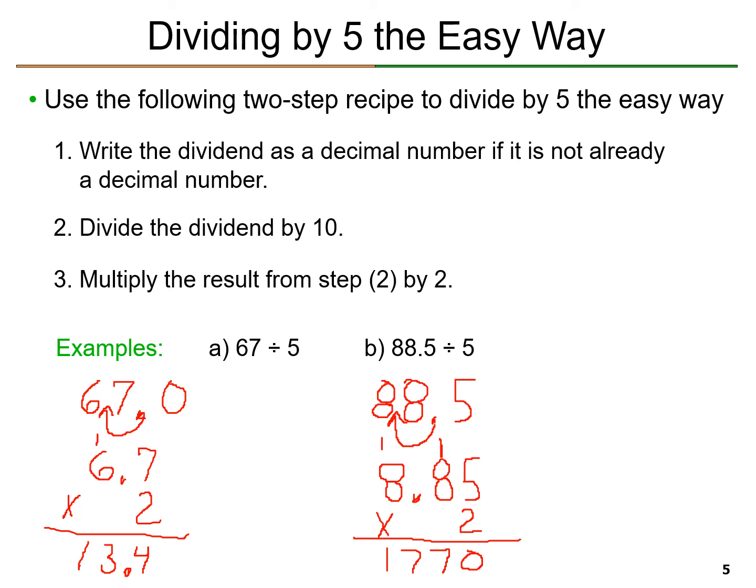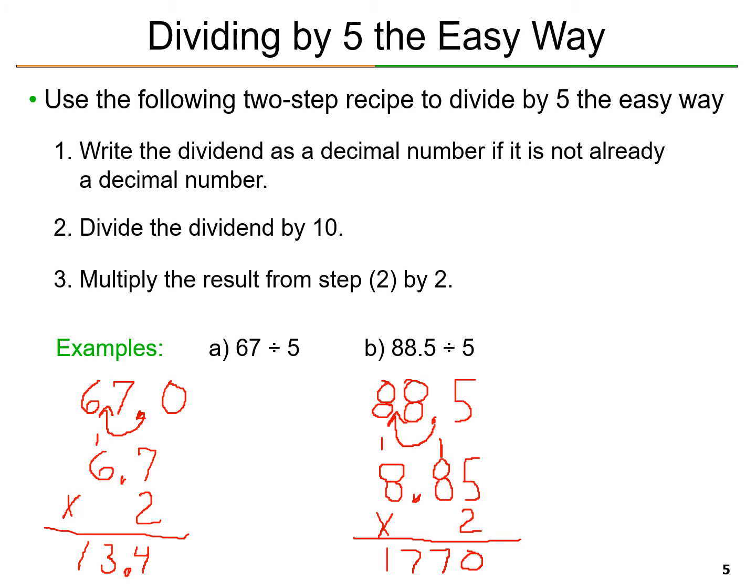Looking at the two numbers, 8.85 and 2, the 2 doesn't have any digits to the right of the decimal point, and 8.85 has 2 digits to the right of the decimal point. So 2 plus 0 is 2, so we have a total of 2 digits to the right of the decimal point.